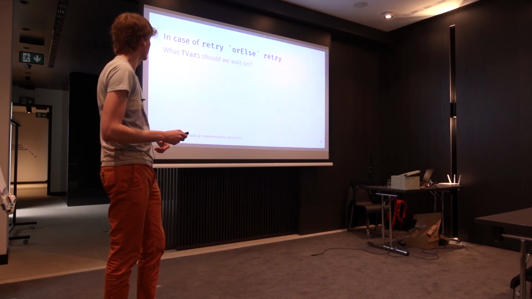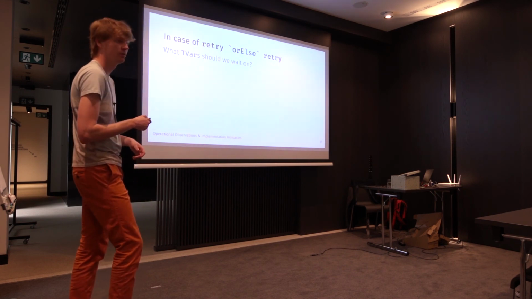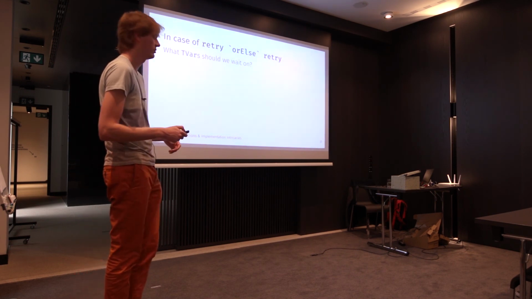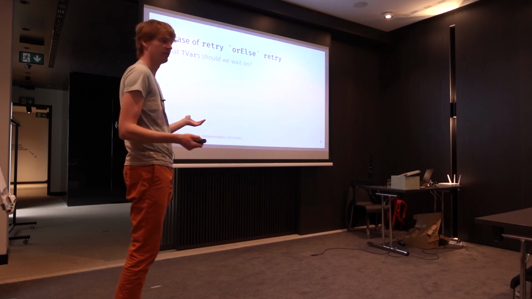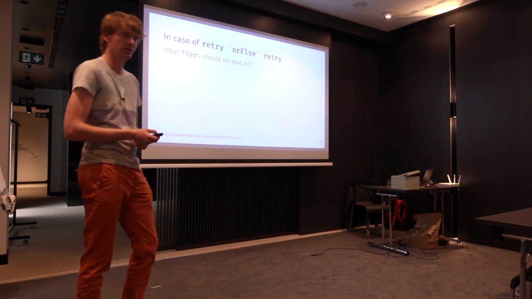All right. In the case of retry or orElse retry, and this is my last bit, I think, there is a question like which TVar should we wait on before we retry a transaction?